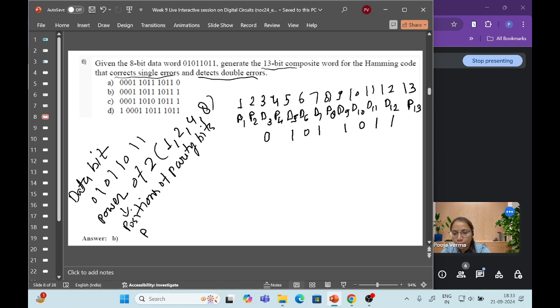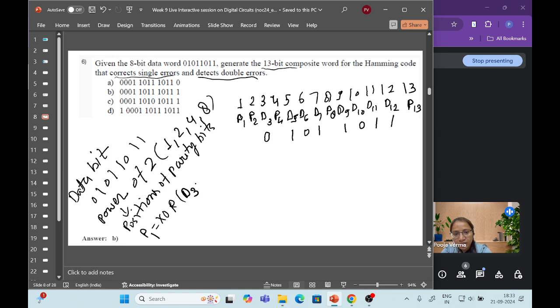So for the position P1, we need to take XOR of the data bit positions. We have to take this one, then leave one place, then take the next one.